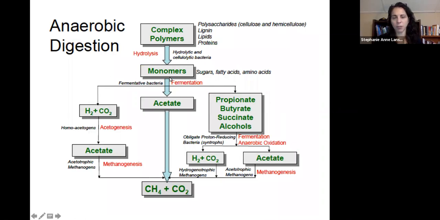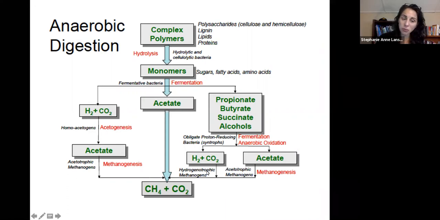So again, as we talked about, this is just another way to look at it. Our complex polymers come in and our monomers come in, but there's actually two different ways in which we make methane. So once we get our monomers in here, our sugars, our fatty acids, and amino acids, we can produce methane through propionic, butyric, alcohols, and then it goes to acetate, and then we have the methanogenesis through the acetate, which is our acetotrophic methanogens, okay?